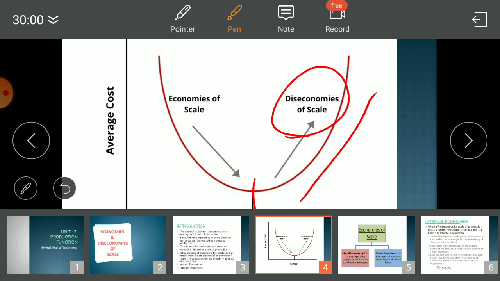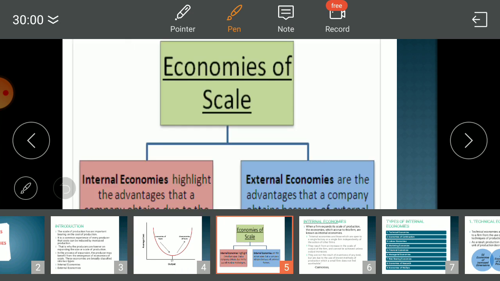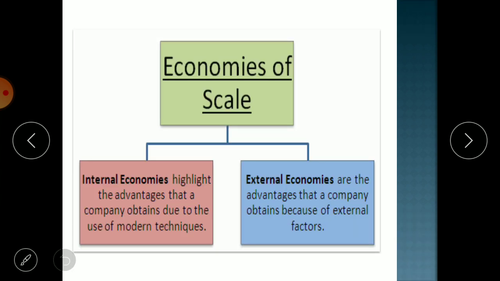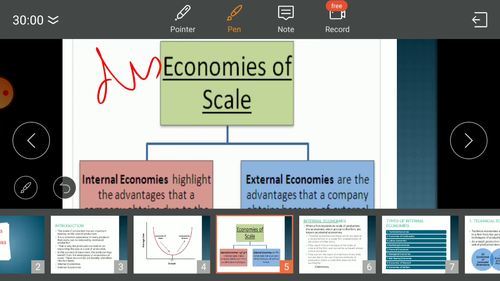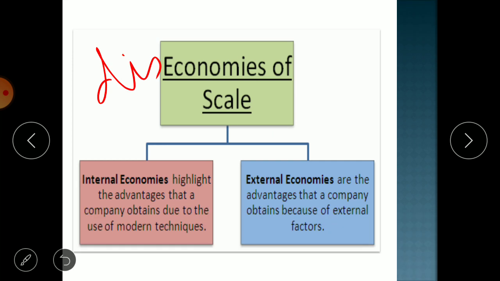Then we have seen that there are two types of economies of scale, that is internal and external. Likewise, there are two types of diseconomies of scale, that is internal and external.